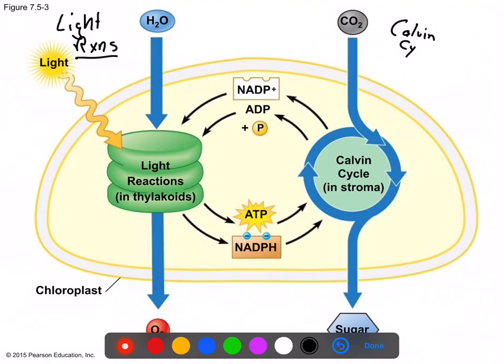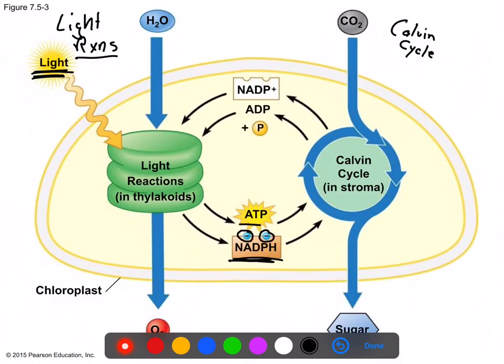R, X, N, S, that's reactions. And over here is the Calvin cycle. Okay? And again, the light reactions are called the light reactions because those are the ones that need light. The Calvin cycle, notice there's no input of light, but the Calvin cycle still needs things that came out of the light reactions, like ATP and NADPH.